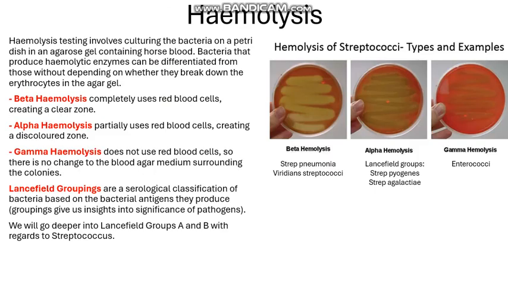So, getting into hemolysis, which might be new to you, I don't think we really go over it in A-levels or GCSE. Haemolysis testing involves culturing the bacteria on a petri dish in an agarose gel containing horse blood. Bacteria that produce hemolytic enzymes can be differentiated from those without hemolytic enzymes depending on whether they break down the erythrocytes, so the red blood cells, in the agar gel.